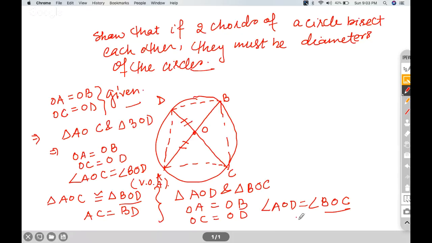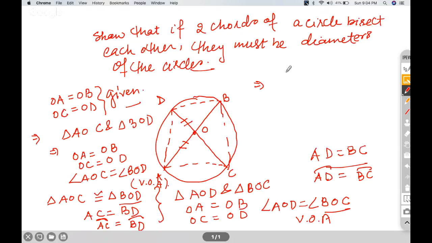So this is vertically opposite angle. So I can write that AD is equal to BC. But what do I get by writing this? As soon as I write this, I also know that this minor segment AC is equal to BD, and here I get segment AD is equal to segment BC.